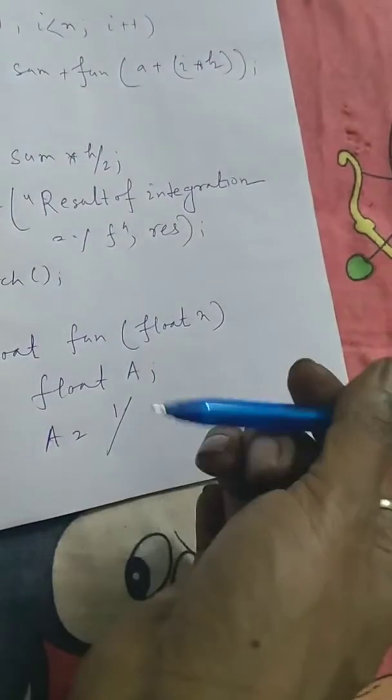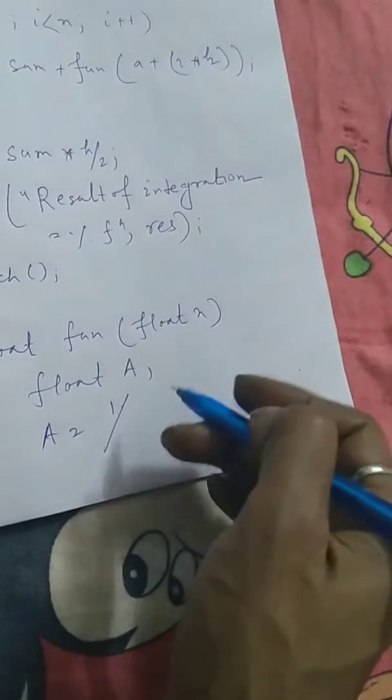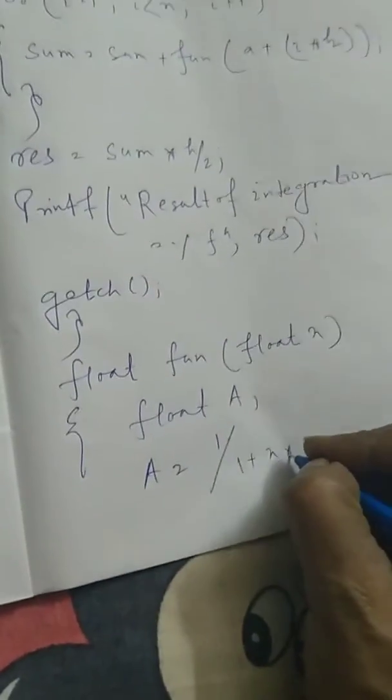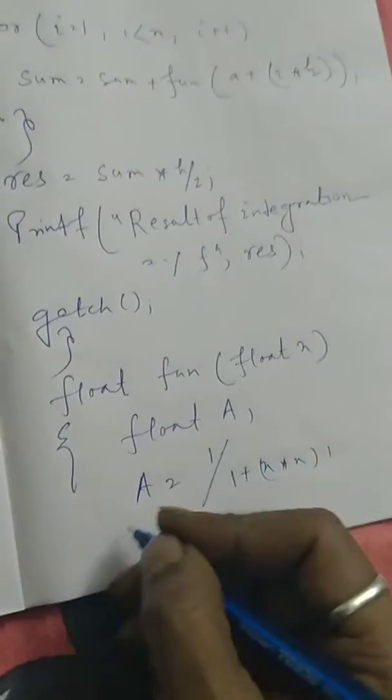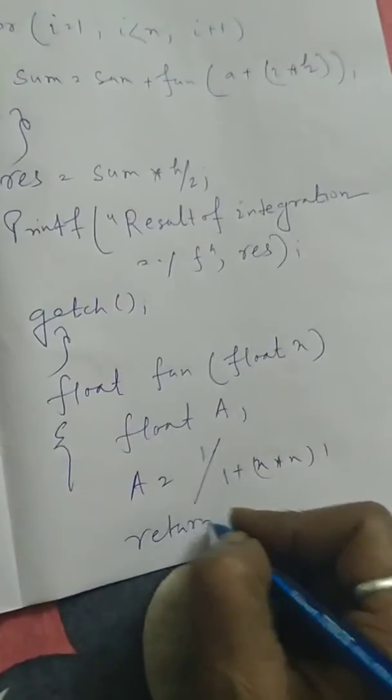In different kinds of functions we are declaring different functions. So if we take the function 1 by 1 plus x square, then a will be 1 by 1 plus x into x, and then return a.